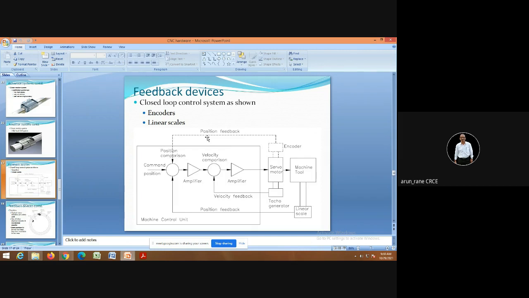So 10 revolutions is nothing but 360 into 10, that is 3600 degrees. So the encoder will keep on checking through what angle the screw has rotated, and it will continuously give the feedback. Okay, so 3600 is the total rotation.